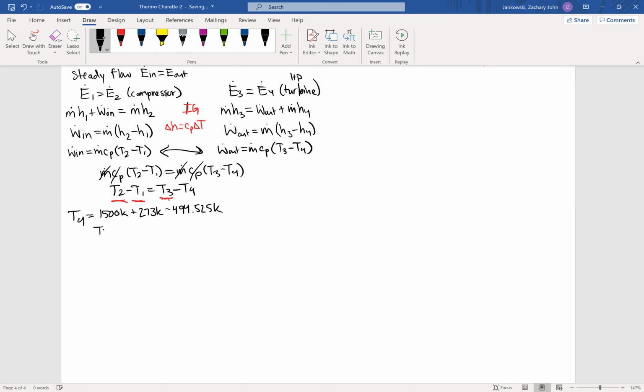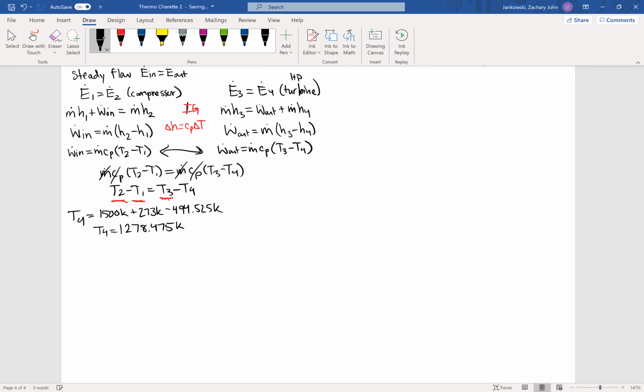And this yields us a T4 of 1,278.475 Kelvin. And that is the first half of our B problem.